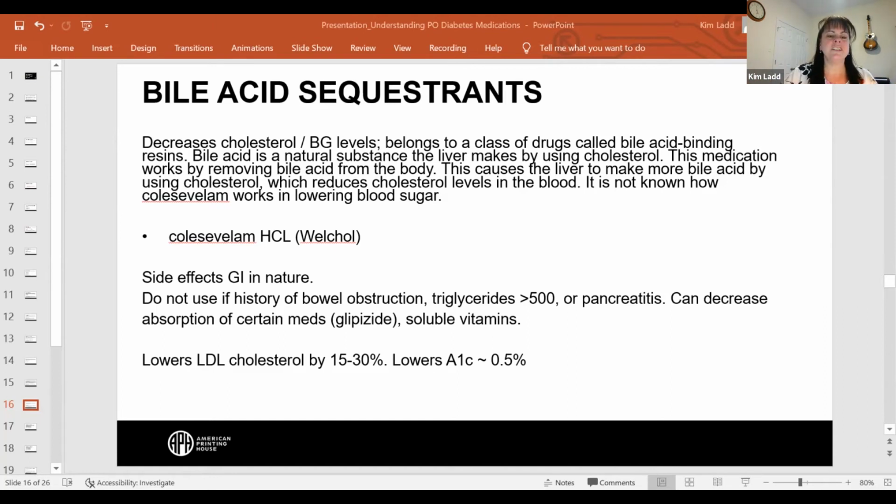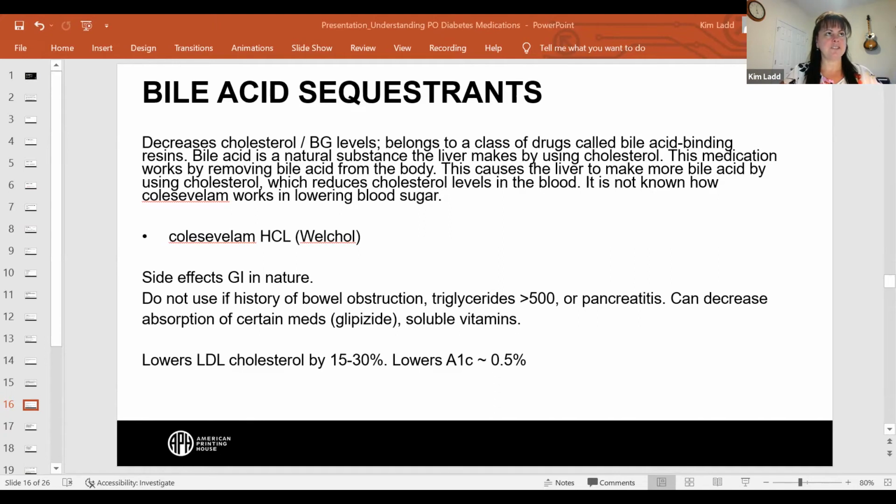So the medicine in this class is colesevelam hydrochloride, also known as Welchol. Welchol is the brand name. Now, this is a pill that I take for both my cholesterol and my blood sugar level. The thing that I like about this pill is it really doesn't have a whole lot of side effects.